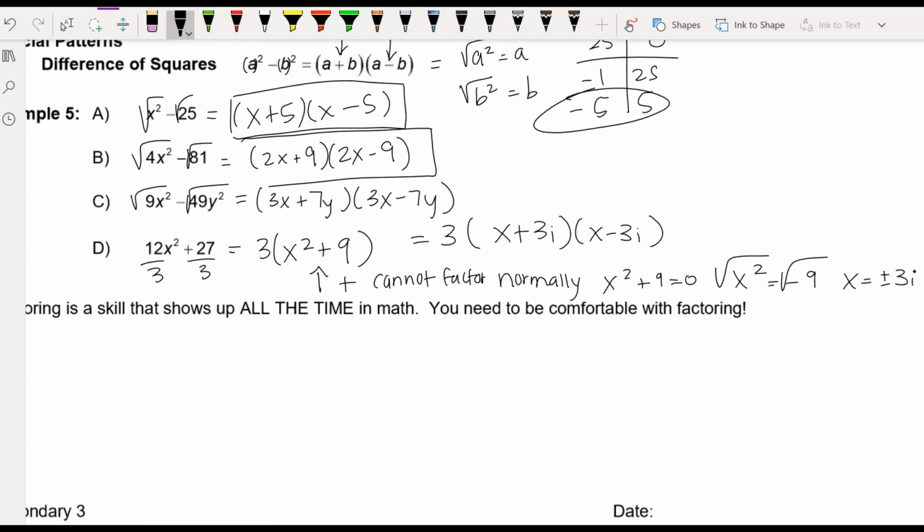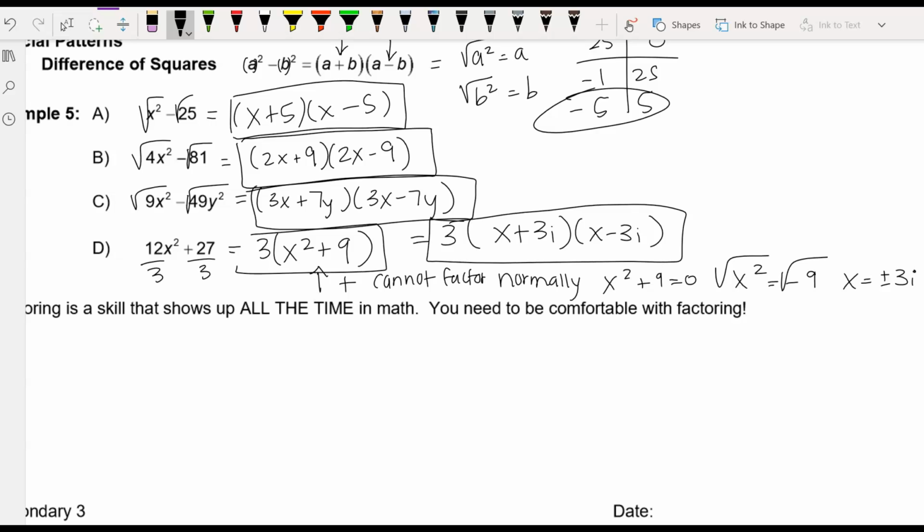All right, these are your 3 answers for B, C, and D. Notice for D, it's a plus in the middle, so that same rule kind of applies, but since it's not that negative in the middle, you have to solve it this way, so that x squared plus 9 equals 0.